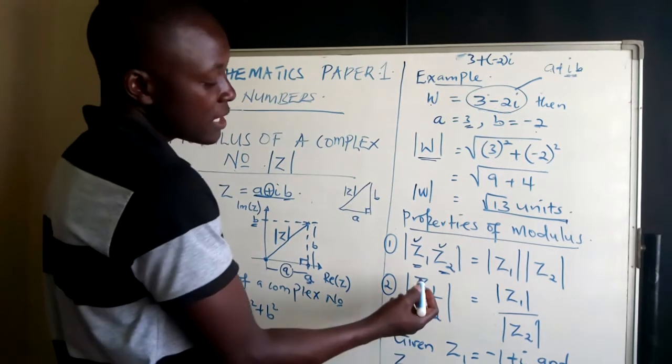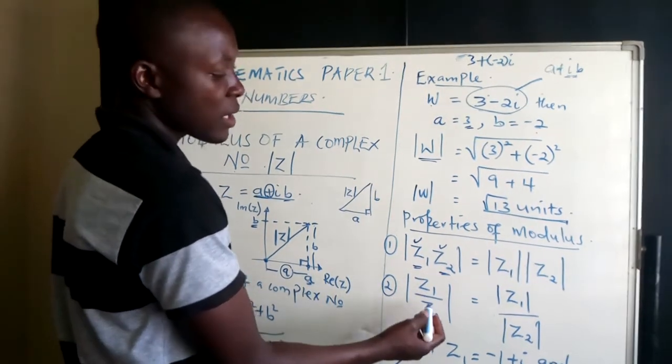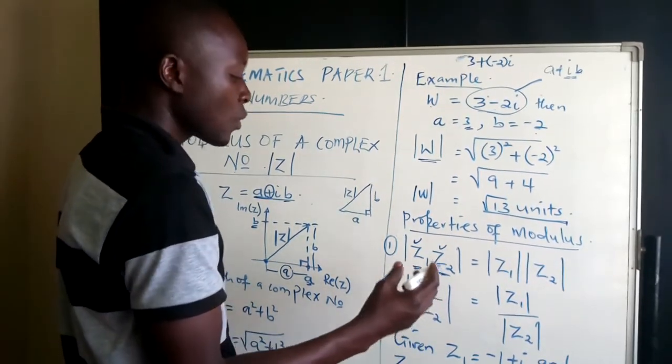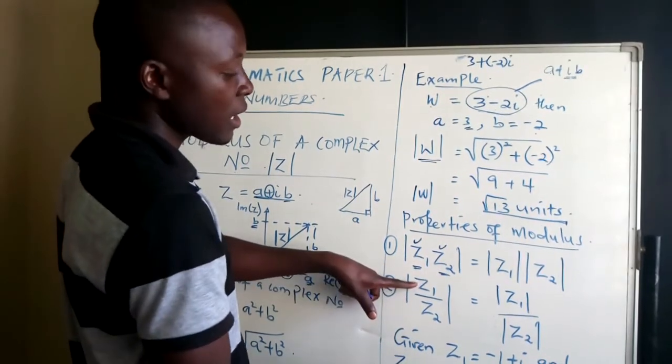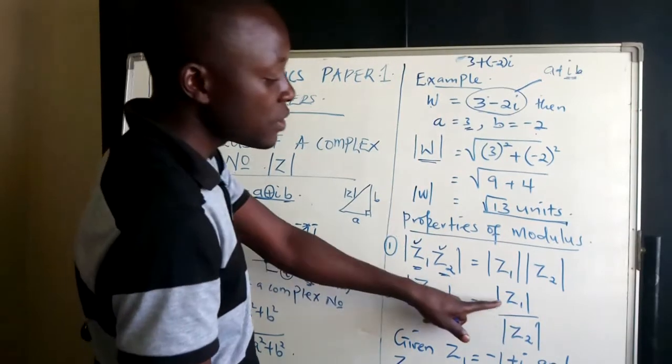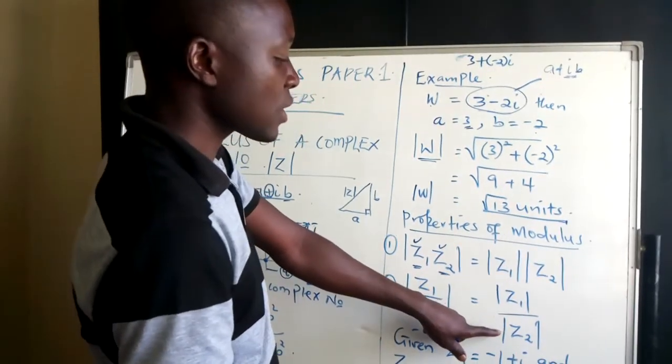Then if you're dividing two complex numbers and you want to get the modulus of the quotient, it is the same as getting the modulus of the first, upper complex number, and then you divide it by the modulus of the second one.